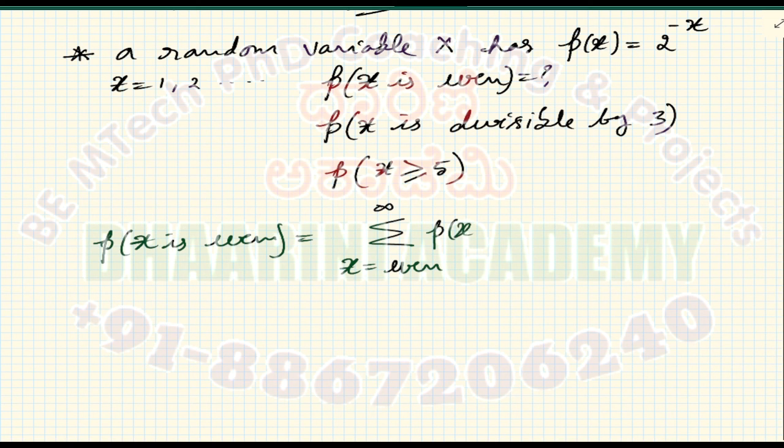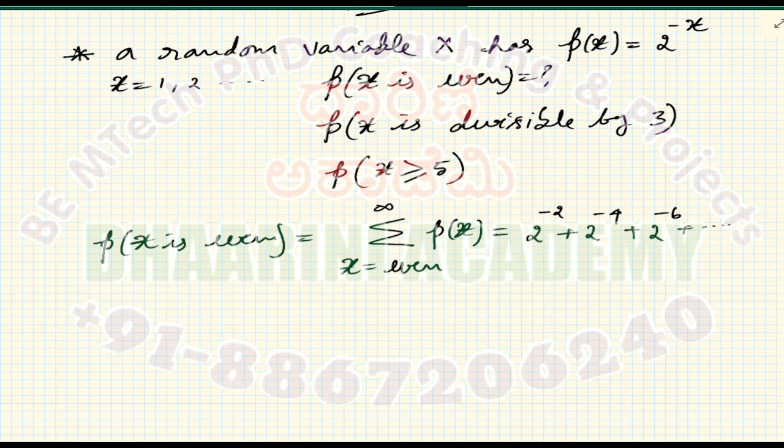It's simply p of x, which is 2 to the minus x. So this can be, starting from 2 to the minus 2 plus 2 to the minus 4 plus 2 to the minus 6 plus dot dot dot. Correct?